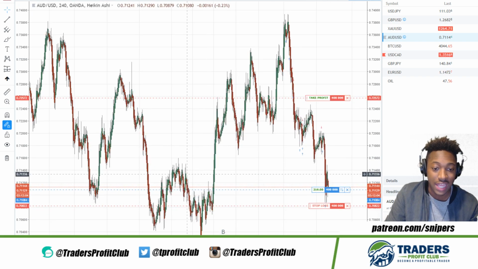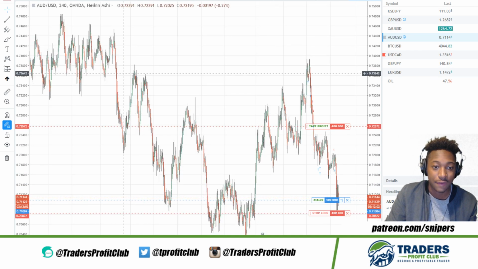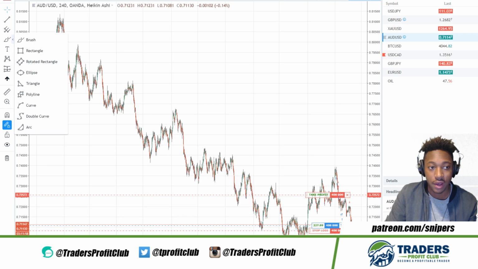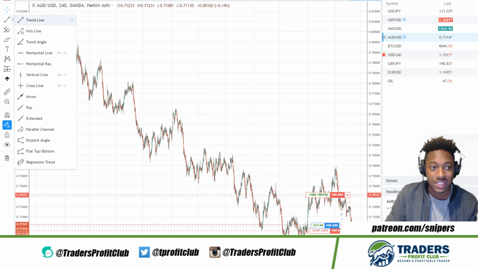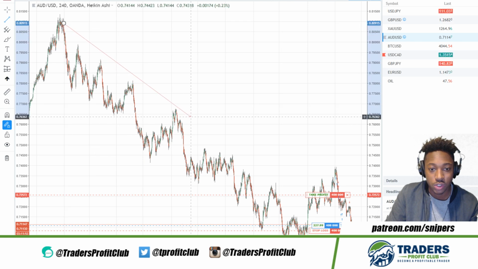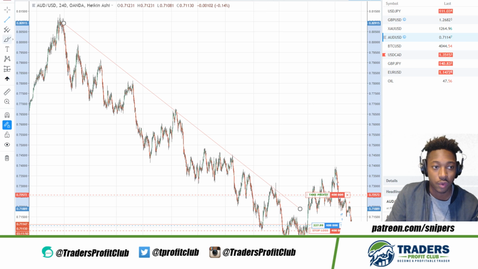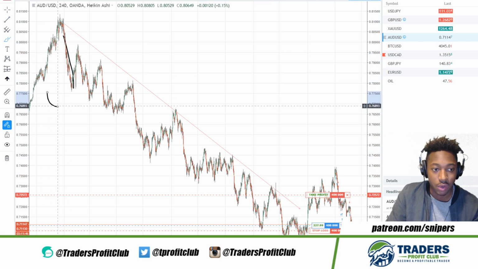Now that price isn't breaking this area, I know that price is established into a peak formation low, because we saw that previous structure of the Aussie dollar was in a downtrend, which means it was making lower lows and lower highs. If you don't know what that is, basically when the market goes down, it's making a lower low, and when the market goes up and makes a correction, it's a lower high, okay?